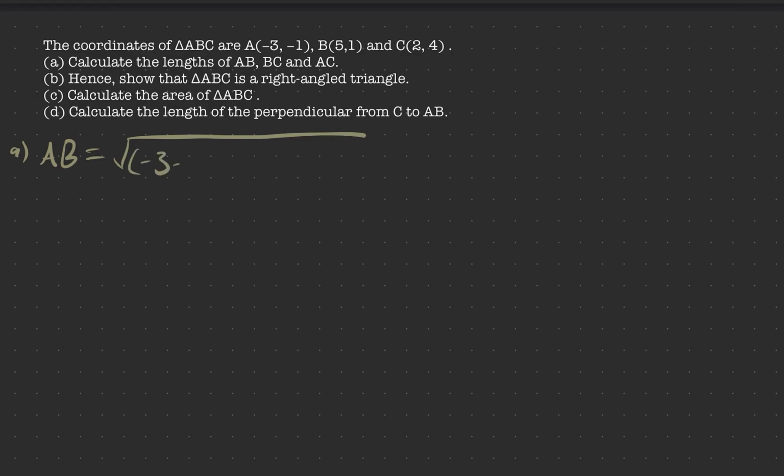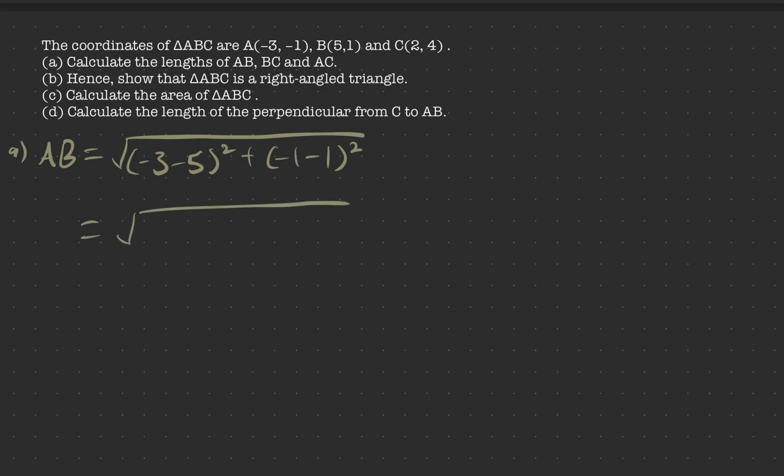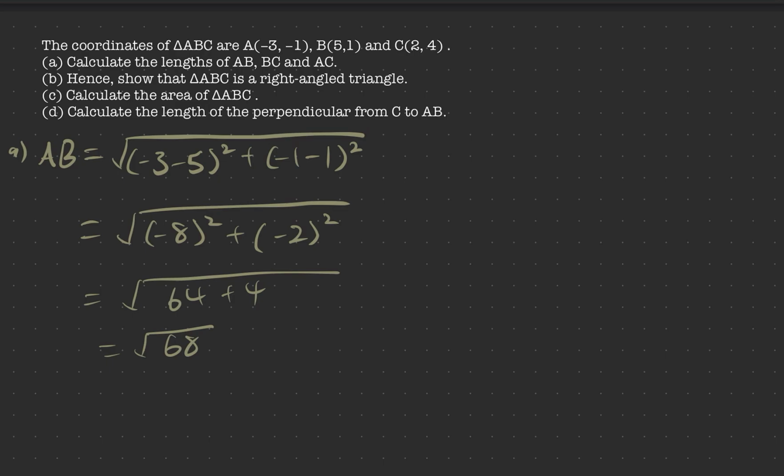Just gotta be careful, don't rush it. You might make careless mistakes. Then you will get... So AB is square root 68.